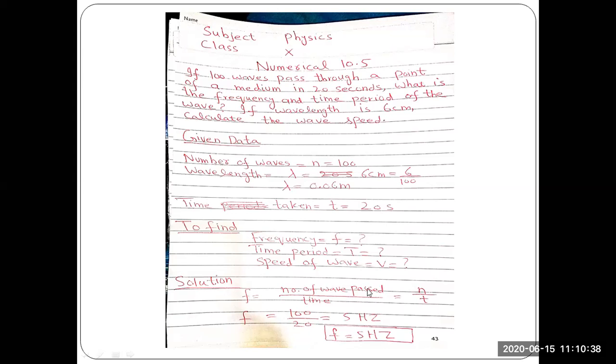Number of waves is 100, and time is also given to me, which is 20 seconds. If I divide 100 by 20, frequency equals 5 hertz. The unit of frequency is hertz. So this is one thing I have found: frequency f equals 5 hertz.